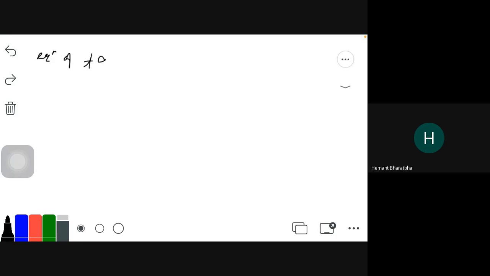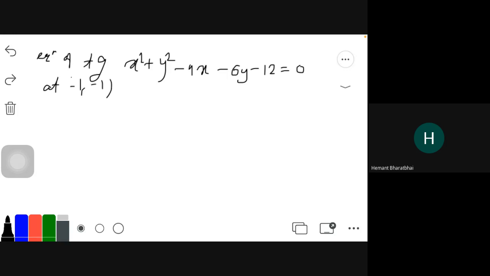You have to find out the equation of the tangent to the circle x square plus y square minus 4x minus 6y minus 12 equal to 0 at minus 1 comma minus 1.